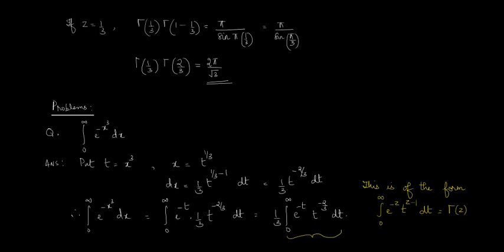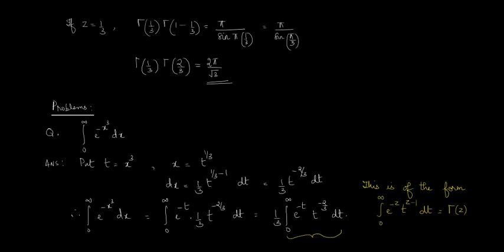You just consider this integral, and you consider the form of gamma function that we saw just before. This resembles this integral, isn't it? Okay, sorry, I have made a mistake over here.